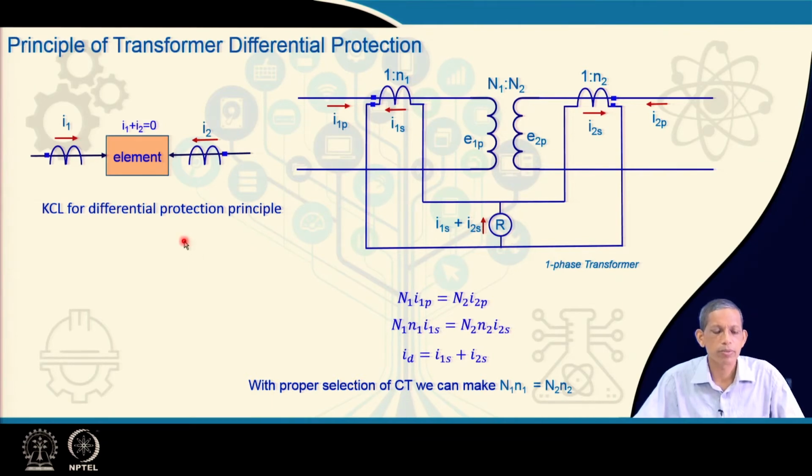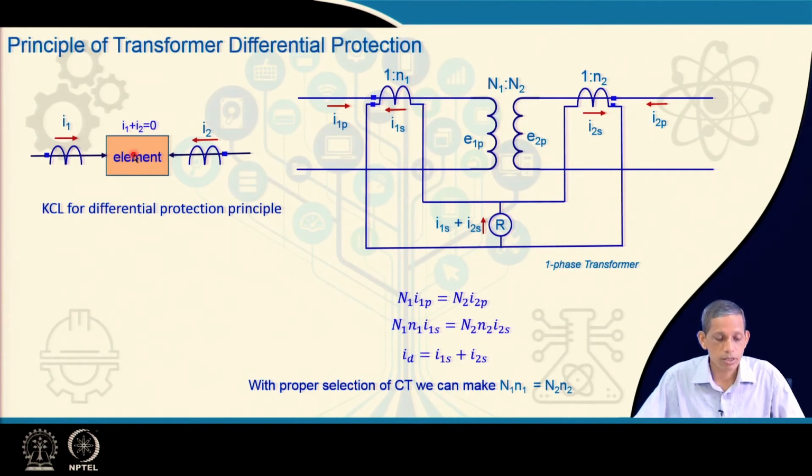If you have current sensors at both sides, from these two sensors you can apply KCL. So, if you see this current direction here, then it leads to I1 and I2. So, I1 plus I2 should be equal to 0, that is what KCL says.